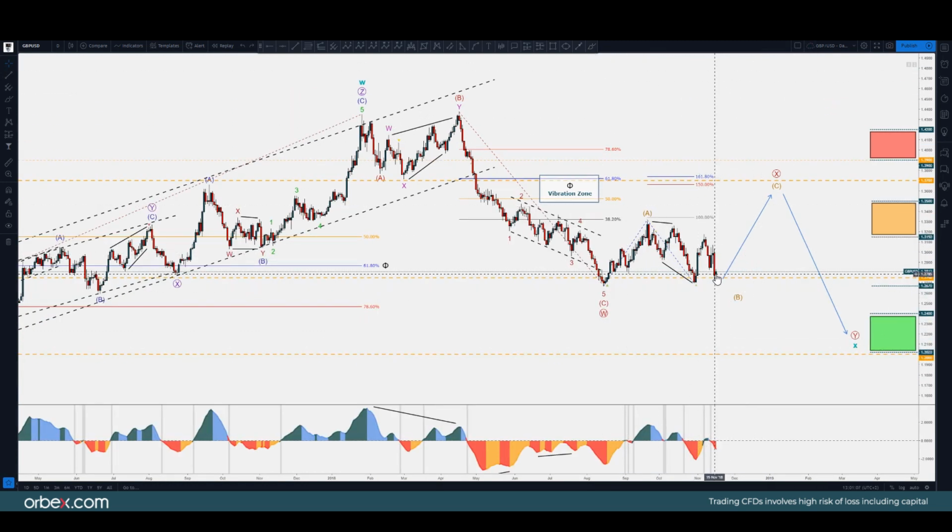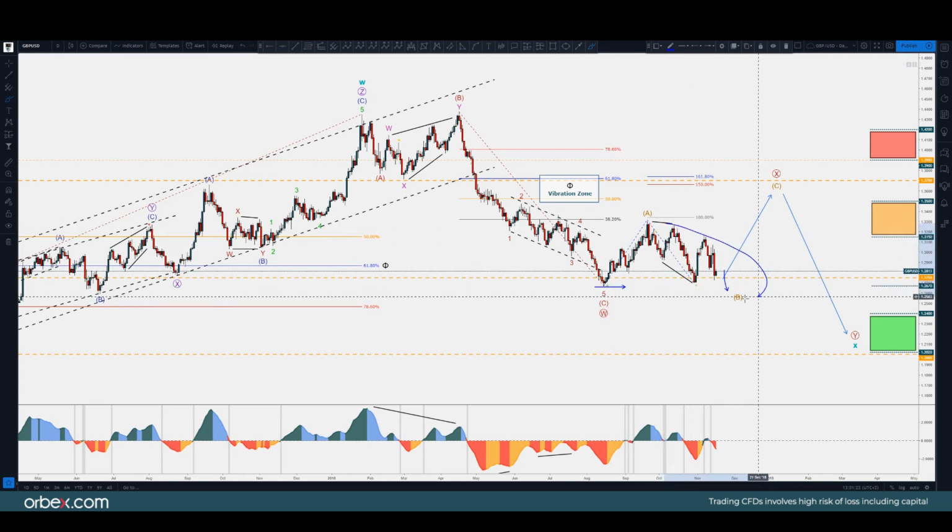So this could actually happen. However, it can go right in a scenario where this is a 1 and then 2 and then 3. However, as soon as it breaks this low, if it goes on the downside, this could actually end a pattern like this.